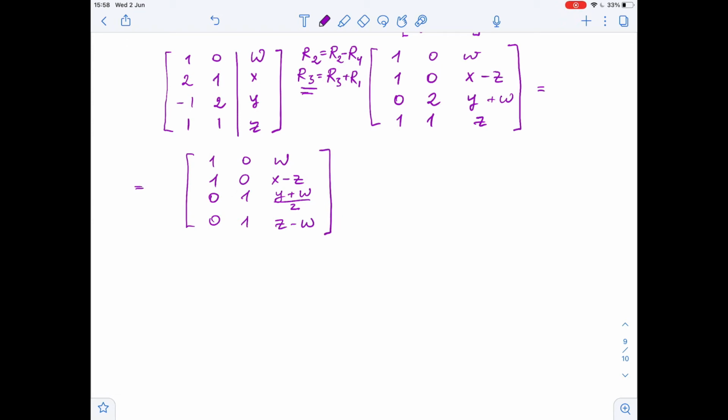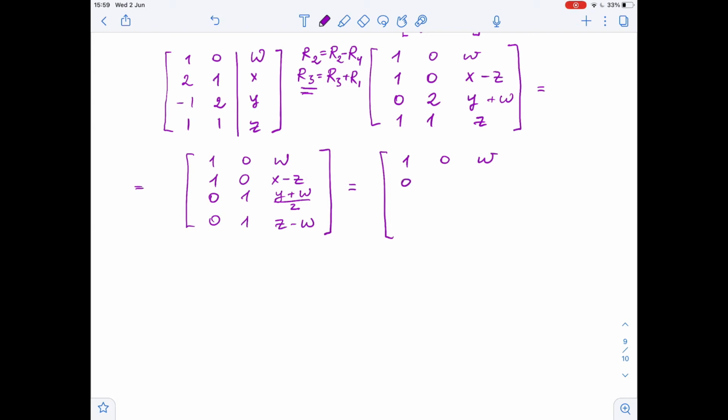Well, now again we are leaving the first row the same. For the second row, we will subtract the first row from the second row.